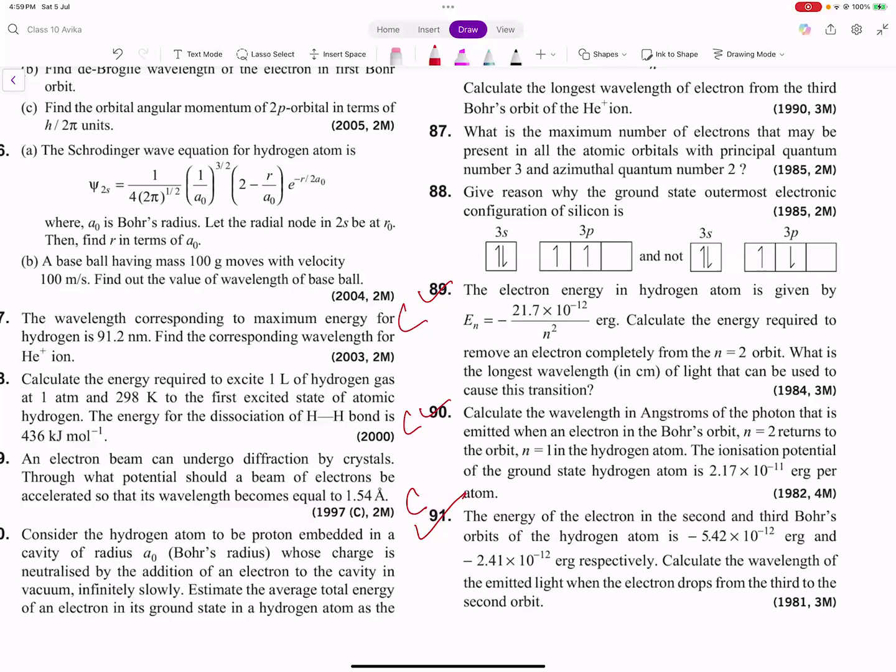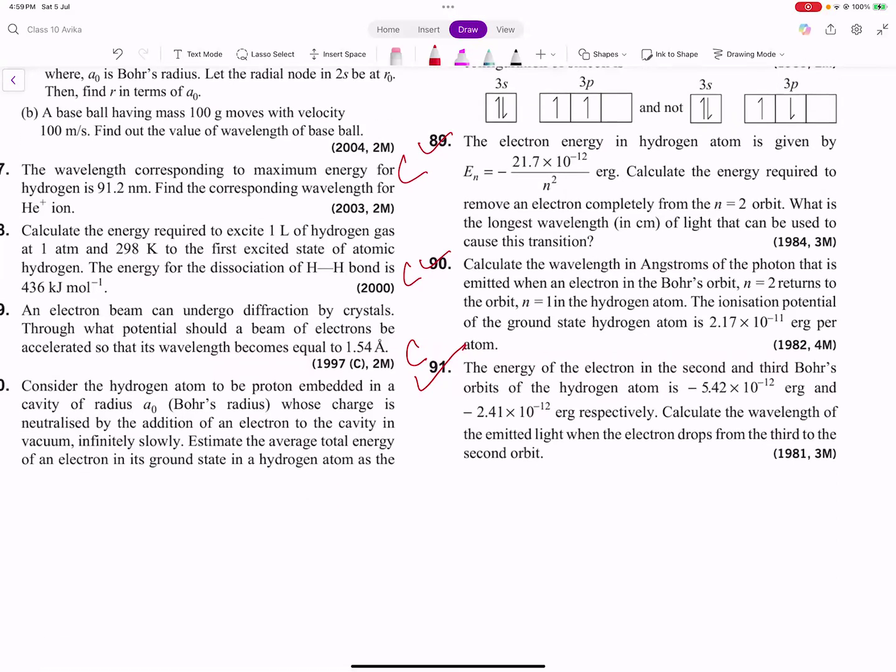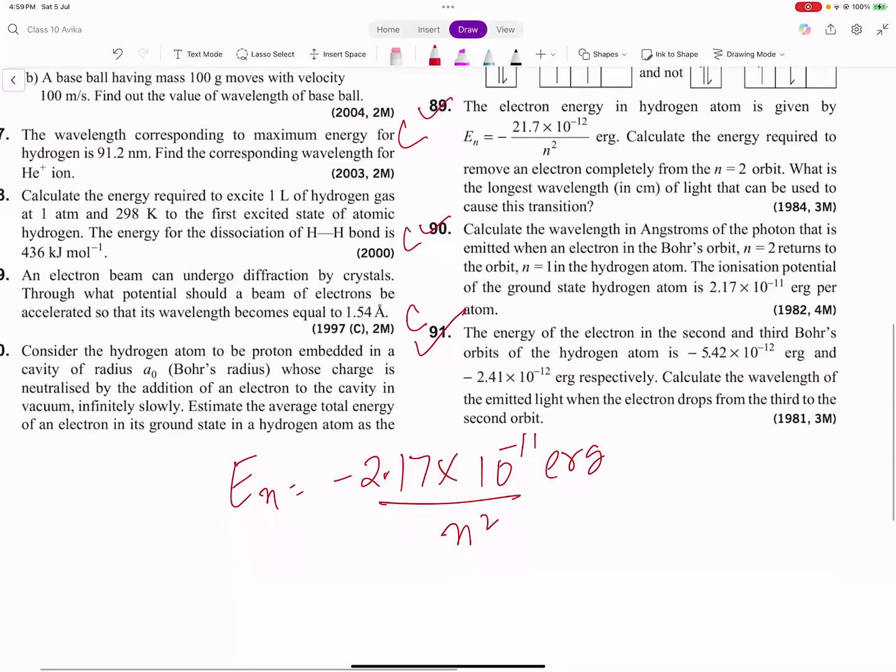You can start from 89, 90, 91. See, you could have known what an erg is. If En in ergs is given as minus 2.17 into 10 to the power minus 11 erg, it is 21.7, so I have written as 2.17 into 10 to the power 1, so it will become 10 to the power minus 11 instead of 10 to the power minus 12.